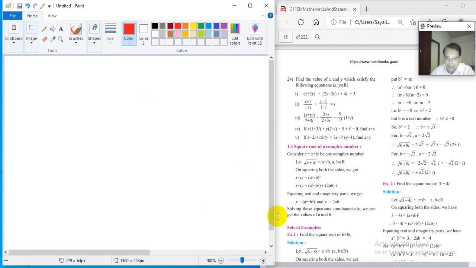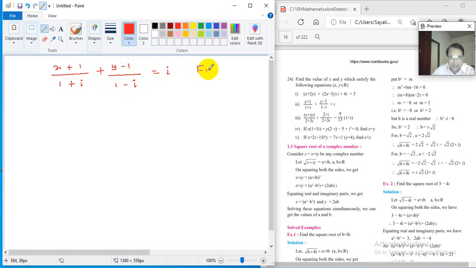See, the next problem is x plus 1 divided by 1 plus i, plus y minus 1 upon 1 minus i is equal to i.